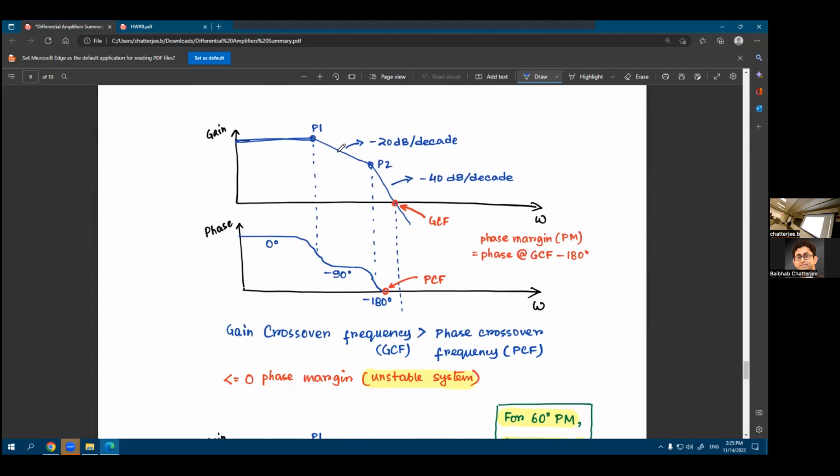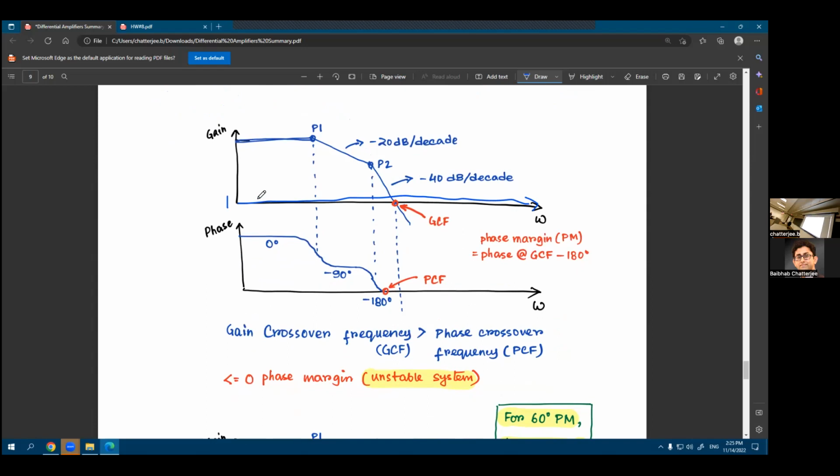So if you have two poles like this, you have P1 and P2. You have minus 20 dB per decade when you are at P1. After you reach P2, you'll have minus 40 dB per decade. The point at which your gain curve crosses the gain equal to 0 dB or gain equal to 1 line. So let's say this line, the x-axis, represents that your gain is equal to 1 or 0 dB.